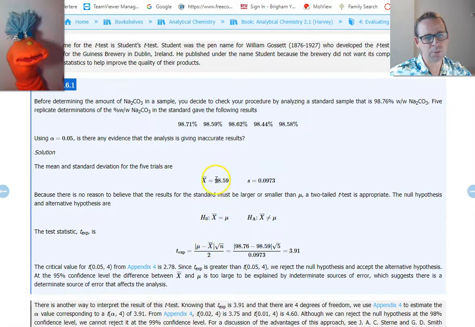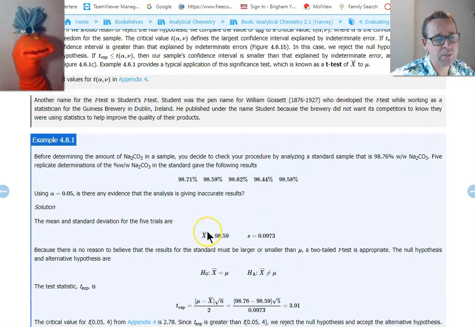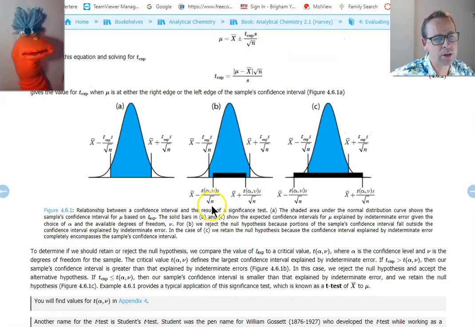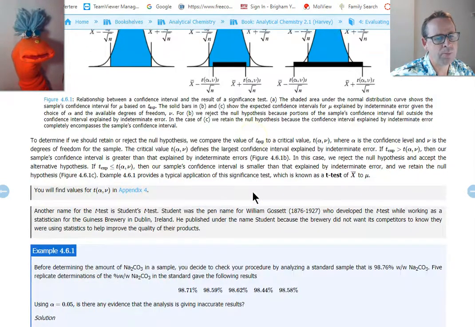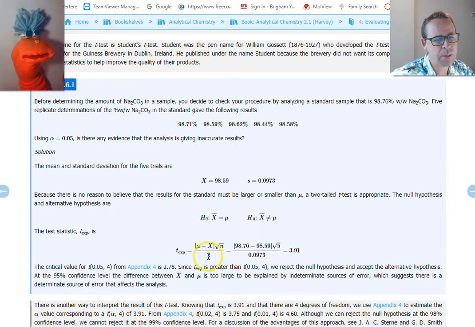We take the difference between this and our 98.76, times the square root of our number of experiments, 5, and then divide by our standard deviation. I don't know why they put a 2 down here. I think that's supposed to be S for standard deviation, and our standard deviation is 0.0973.